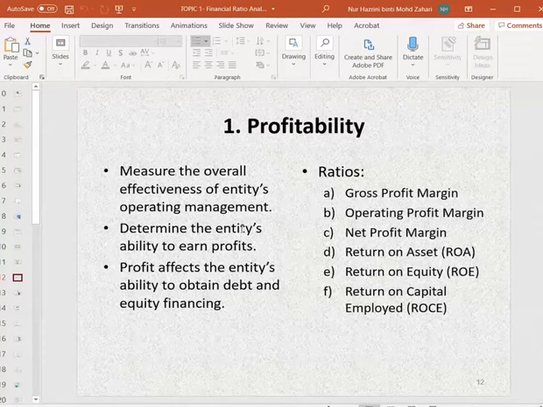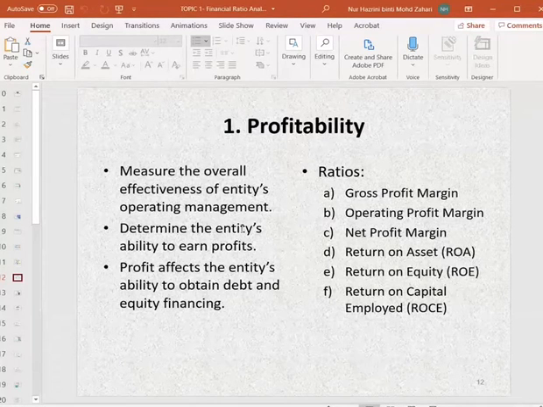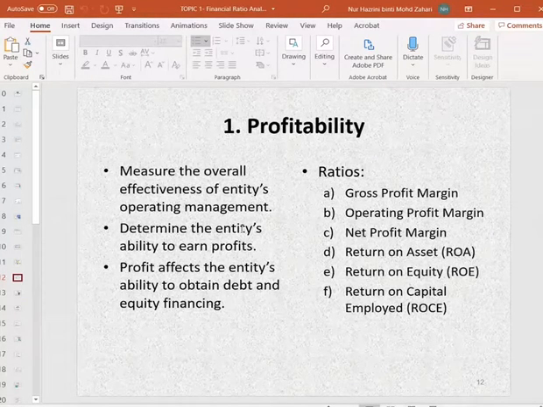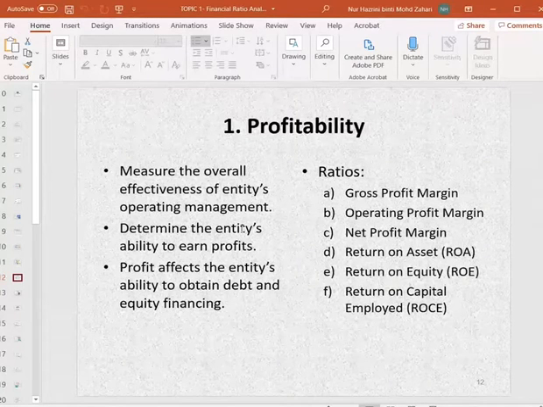Because if your gross profit is high and then your operating profit is low, it means the expenses between the gross profit and operating profit are very high, and it means you are not efficient in managing your operating profit.